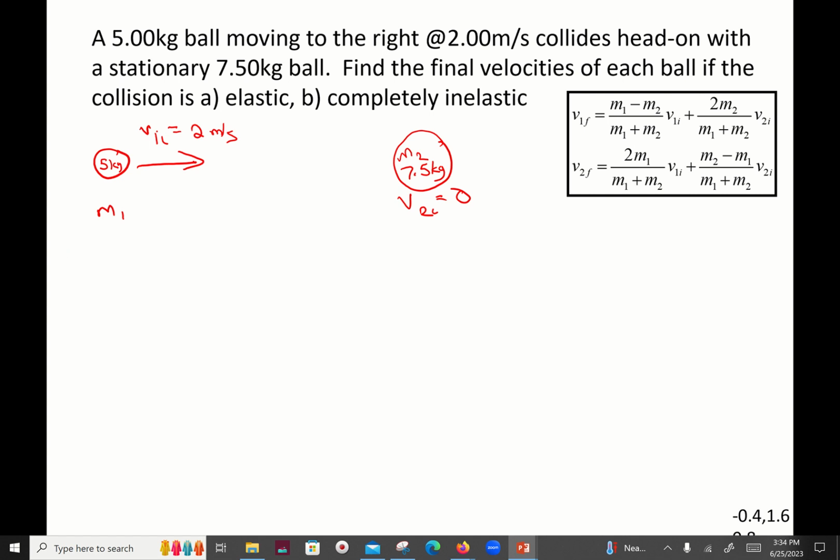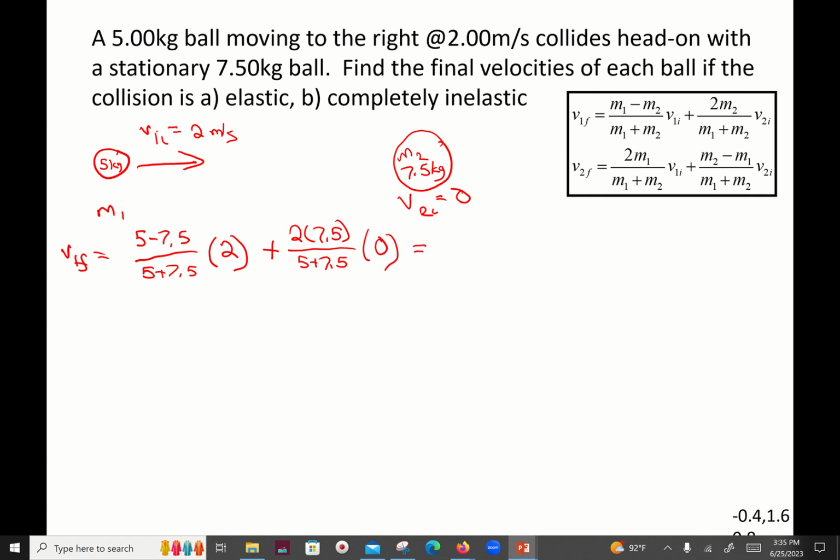If it's elastic, then I can use those two equations in the black box there. So I can say V1 final is equal to (M1 minus M2) over (M1 plus M2), so (5 minus 7.5) over (5 plus 7.5), times V1 initial, which is 2, plus 2 times M2, 2 times 7.5, over (M1 plus M2), 5 plus 7.5, times V2 initial, which is 0.